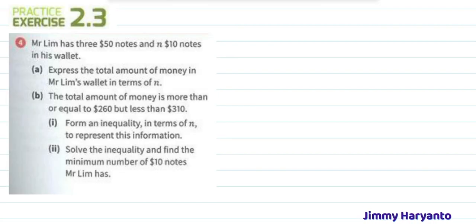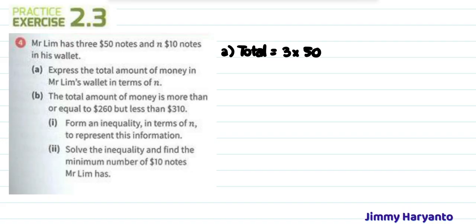Okay, and then the next one is Mr. Lim has 3 $50 notes and n $10 notes in his wallet. Express the total amount of money. So the total amount of money will be 3 times 50, because 50 is each of them, and then add the $10 notes.